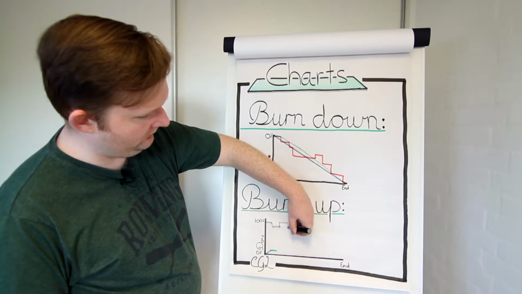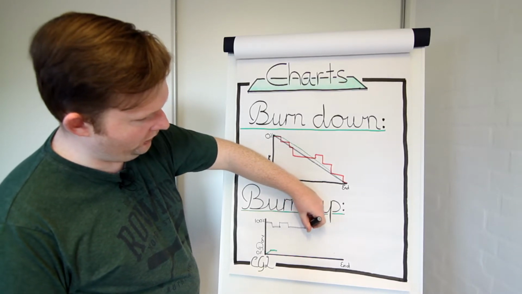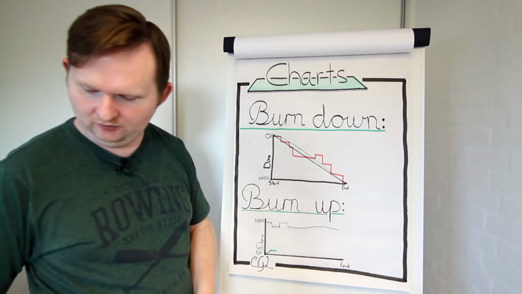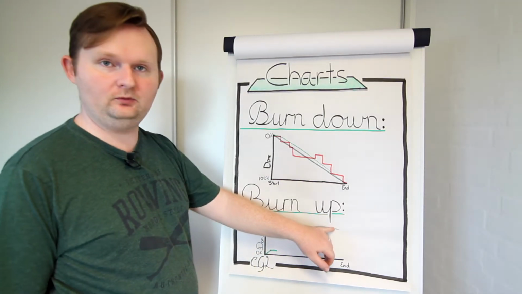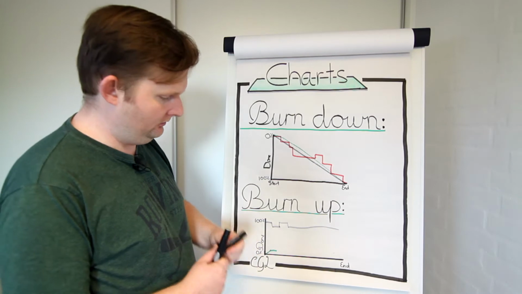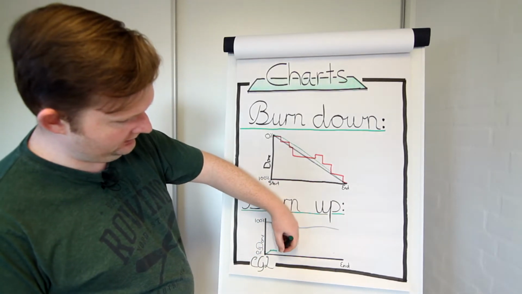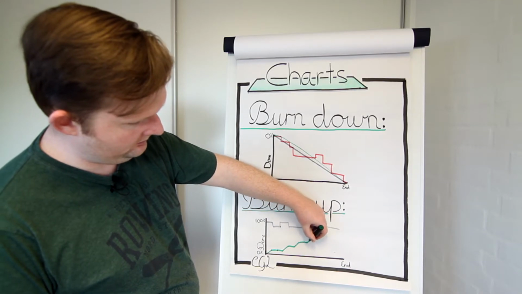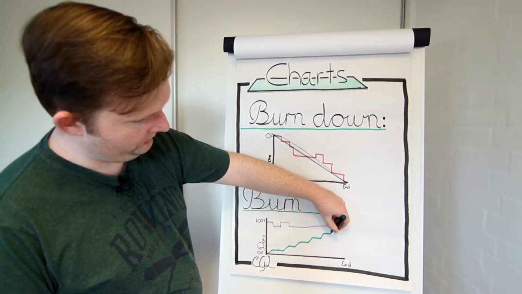And that gives a really, really nice overview. Hopefully, this will be a straight line, this 100%, because this line is always 100%, whereas this will always either go straight or go up, depending on how we work.